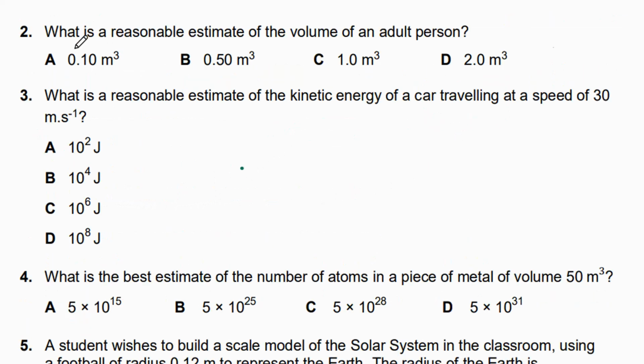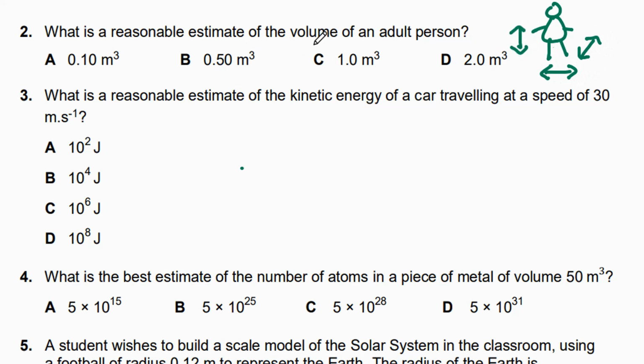Then in question 2 it says, what is a reasonable estimate of the volume of an adult person? Let's start by drawing the person. Now, in order to estimate the volume, we need 3 dimensions. We need the width, we need depth, and we need height.